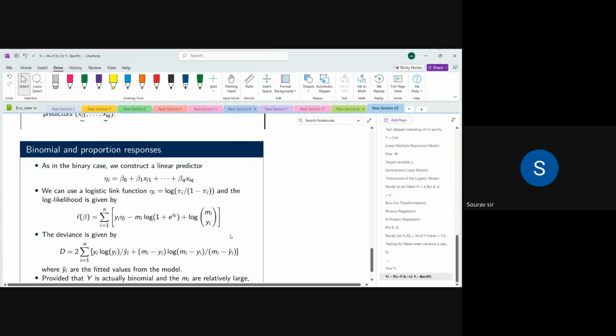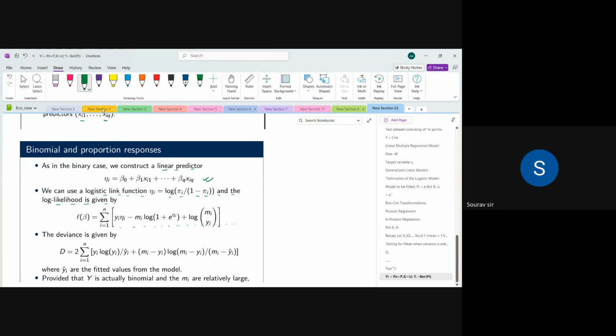So as in the binary case, we construct a linear predictor in this way, which is eta i equals this. We can use the logistic link function, which is log of pi i by 1 minus pi i, and then the log likelihood is given by this expression. Right. Okay.